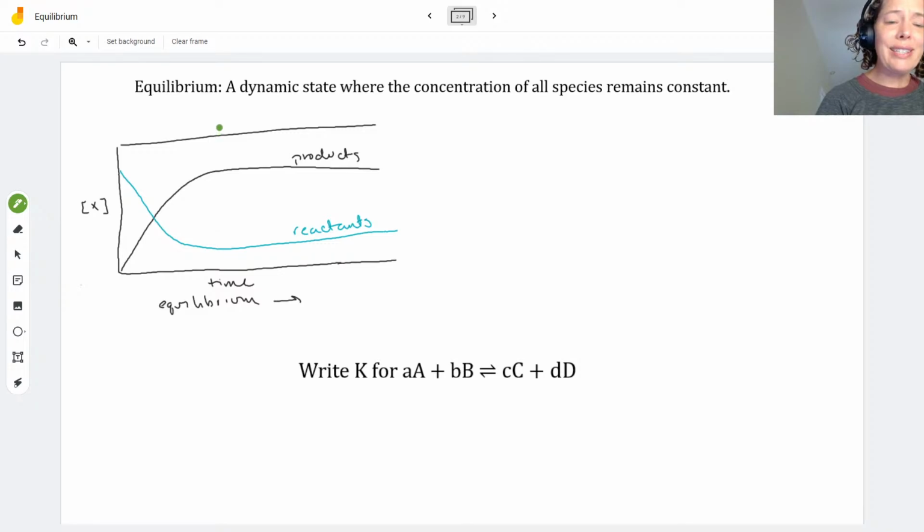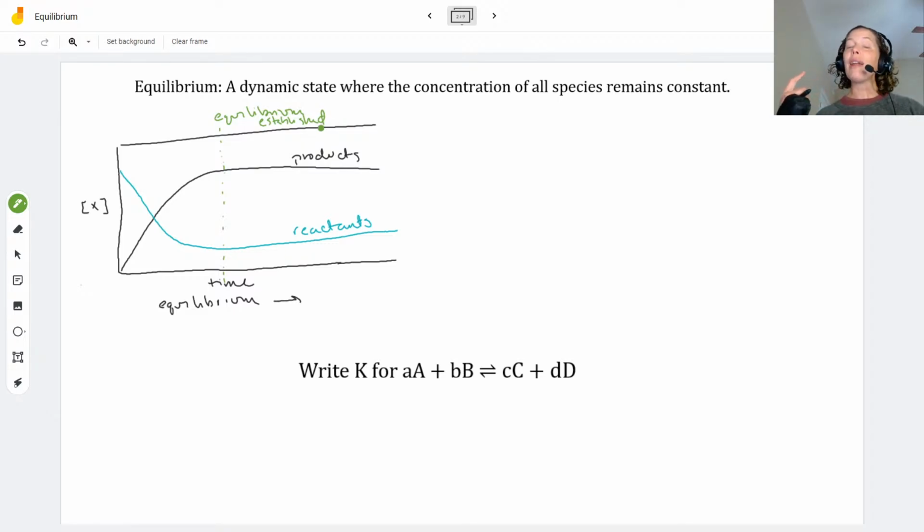The way I've drawn this, I would say that was about right here. Again, my drawings are not the best, but that is where I attempted to go straight with my lines. So equilibrium is established right here.